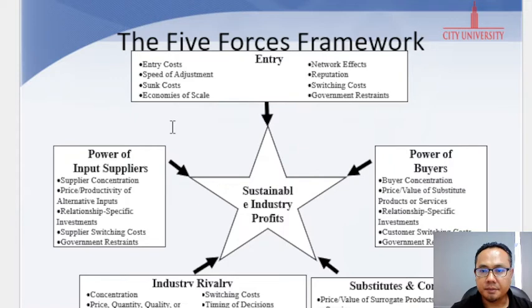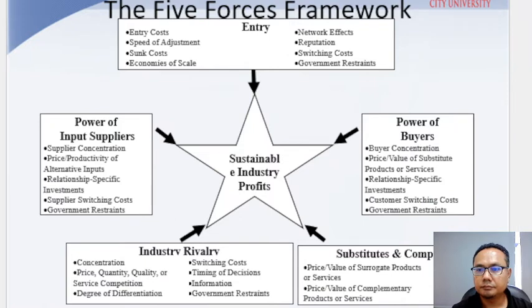So when we study economics, some of our decisions influence the level of organization, the growth of the organization, and the sustainability of profit.